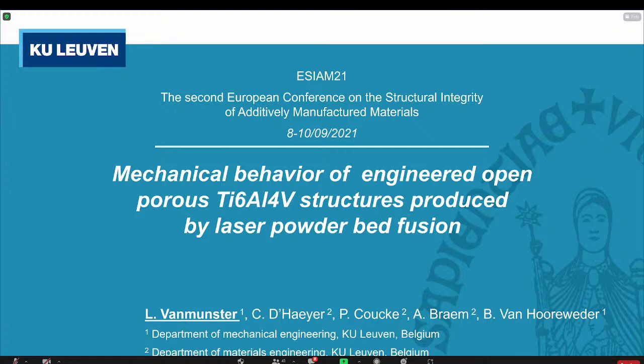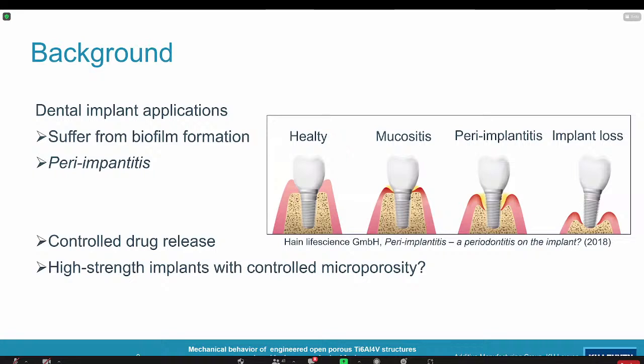Okay. Thank you. So indeed, this research talked about titanium 6 aluminum 4 vanadium structures for dental applications, and we try to control the porosity inside these structures. A little bit on the background about these topics. The idea came from dental implants because many of these implants suffer from formation of a biological layer around the implant that leads to inflammation of the tissue, and in the end will lead to failure of the implant.